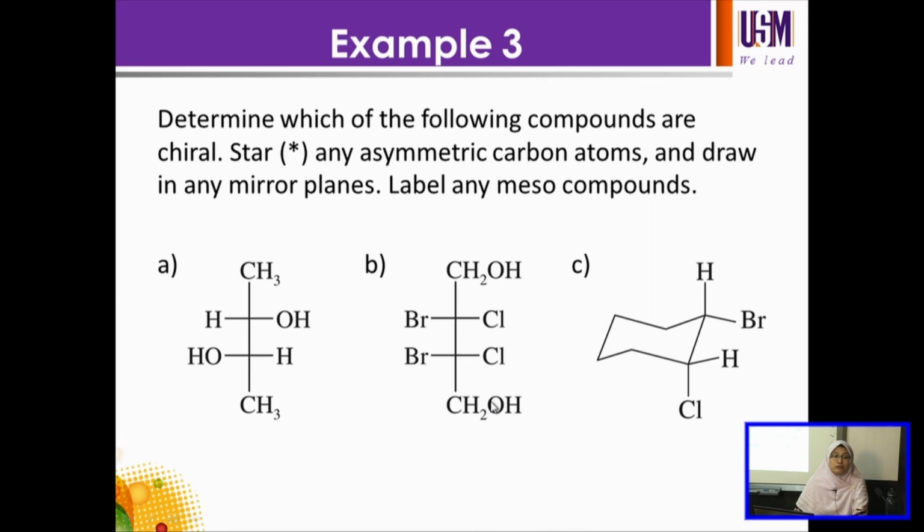For example number 3, determine which of the following compounds are chiral. Star any asymmetric carbon atoms or chiral carbons and draw in any mirror planes. Label any mesocompound. So we have here 3 compounds. You have to identify the chiral carbons and also determine whether the compound is meso or not.